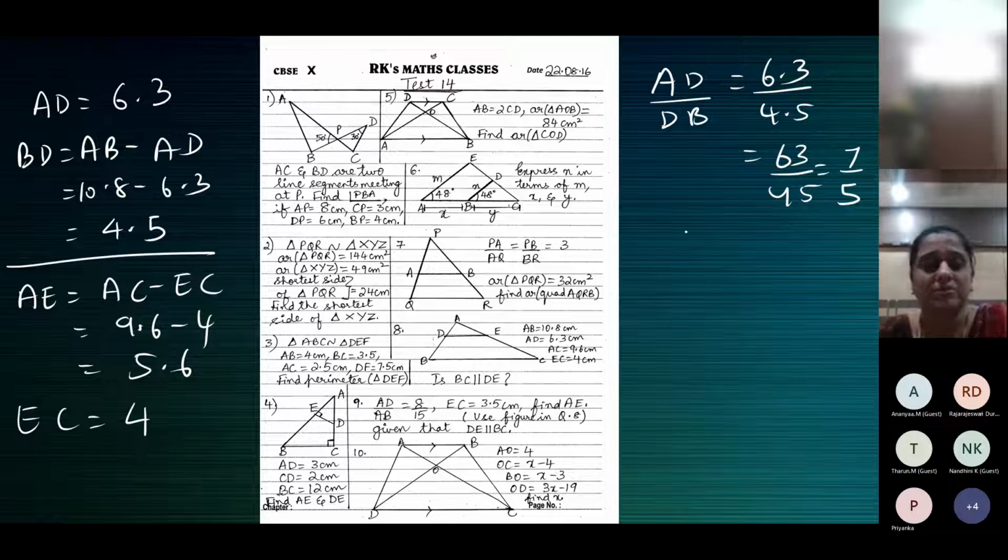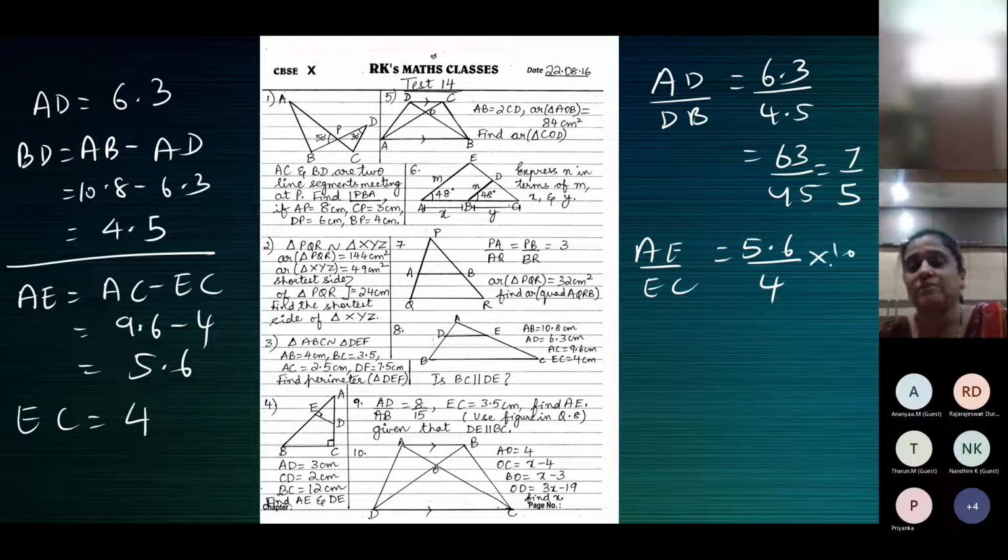Have that ratio, AD by DB. Next, you should find AE by EC. AE is 5.6 by 4. Multiply by 10 to shift the decimal point, so it becomes 56 by 40. 8 sevens are 56, 8 fives are 40.